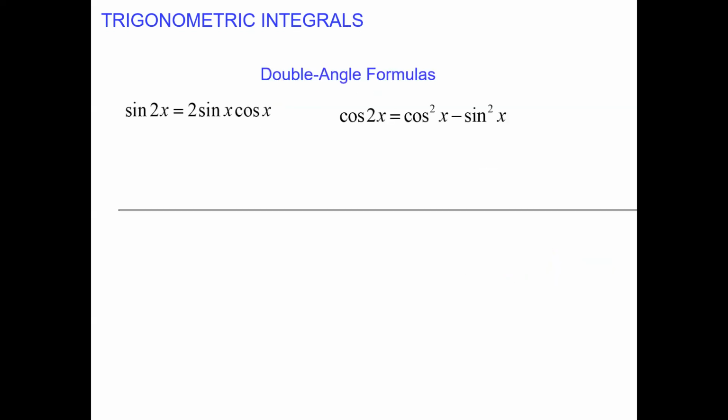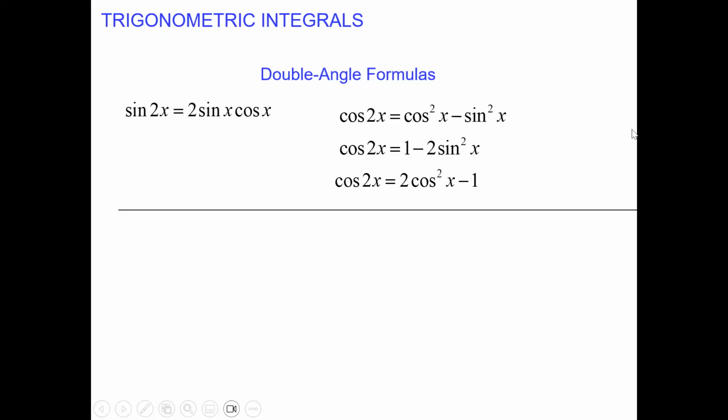Now, double angle formulas. Sine of 2x equals 2 times sine of single x times cosine of the single angle. Cosine of 2x is a little bit different: cosine square of x minus sine square of x. You know that formula. Since we see the square, the even power, we may rewrite cosine of 2x in terms of sine only or cosine only.